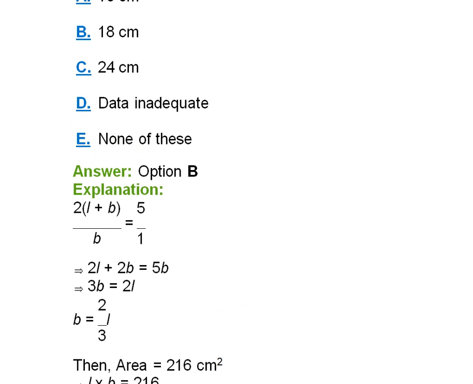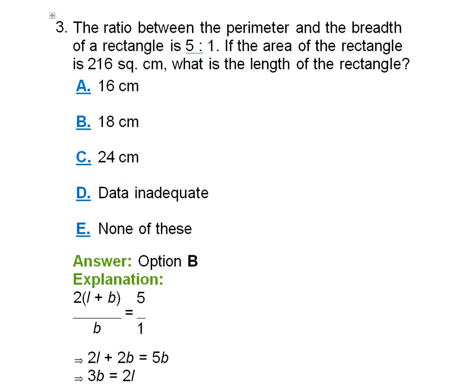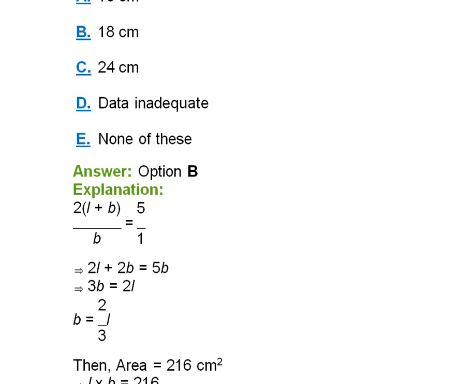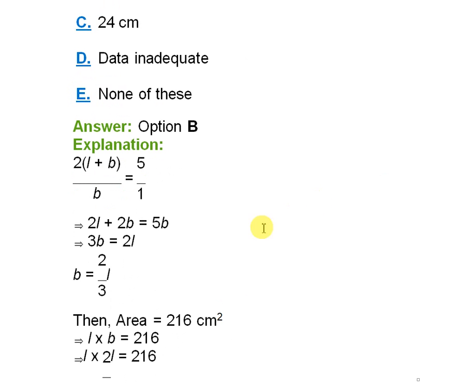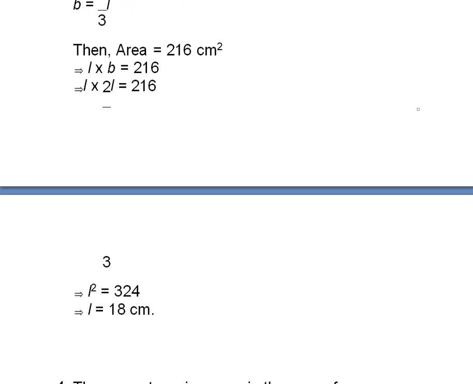After calculating this, you can calculate the area. By the way, area is given in the question already, 216. So length into breadth will be equal to 216. Now you know one of the quantities from here, so you will simply keep it here. After that you can calculate length, so length is equal to 18 centimeter here.